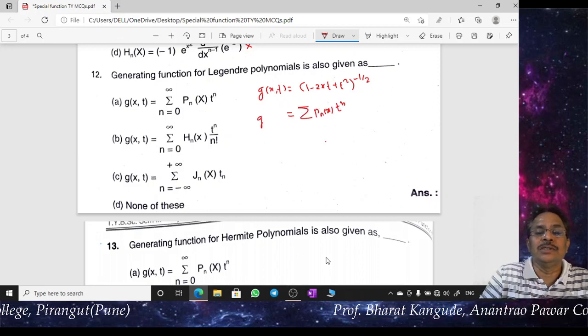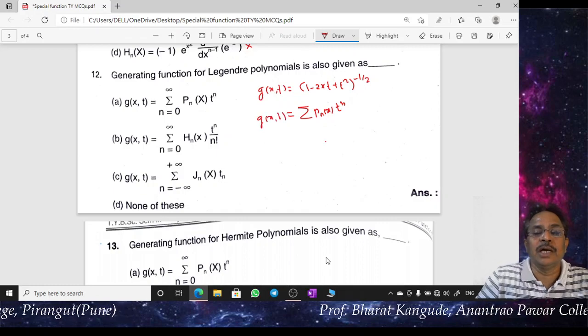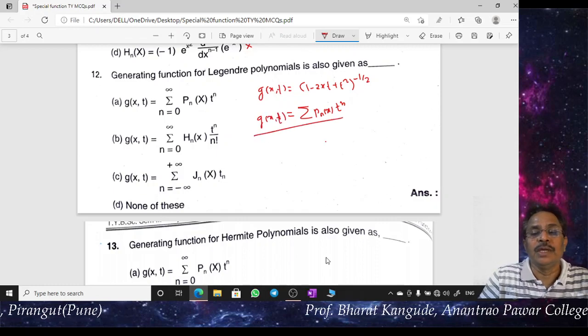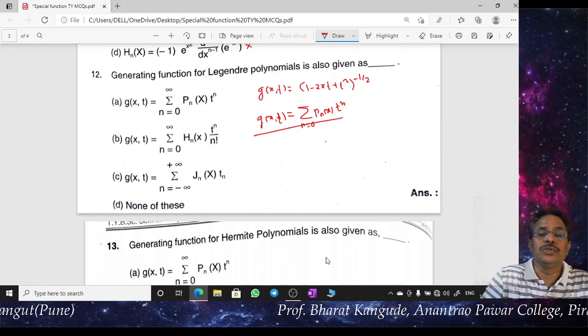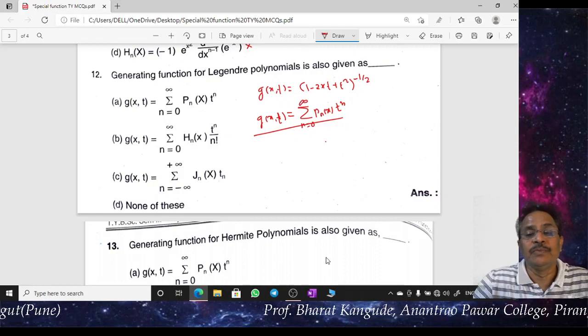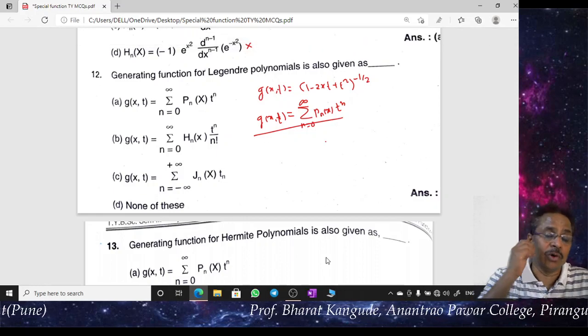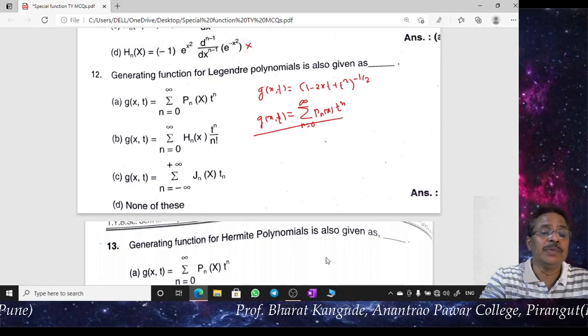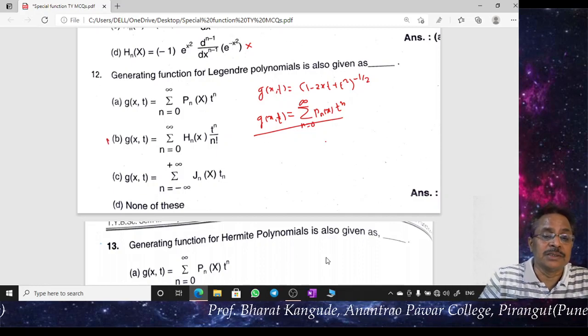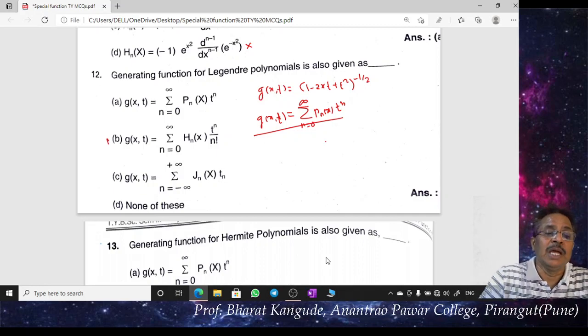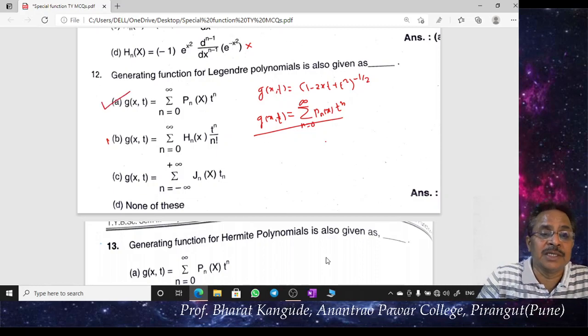When this generating function is expanded around t equal to 0, we get this particular equation, with n from 0 to infinity. Out of the given options A, B, C and D, naturally B is applicable for Hermite, and C is applicable for Bessel, so it is very easy to identify. This is the correct option.